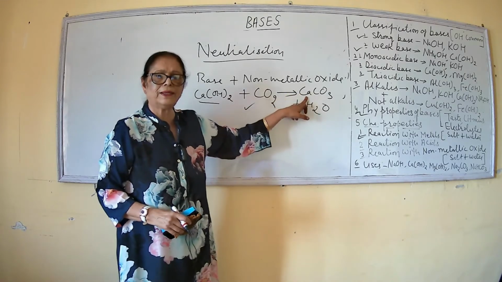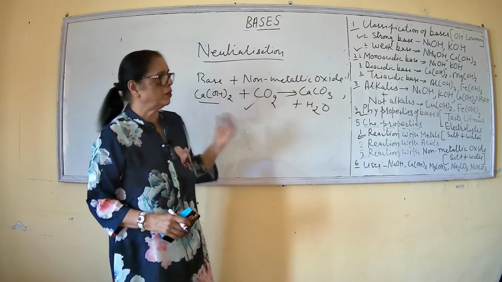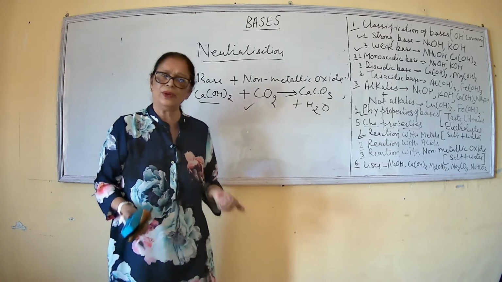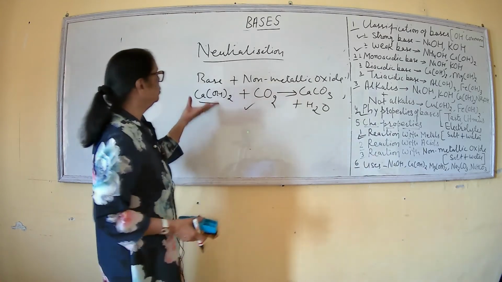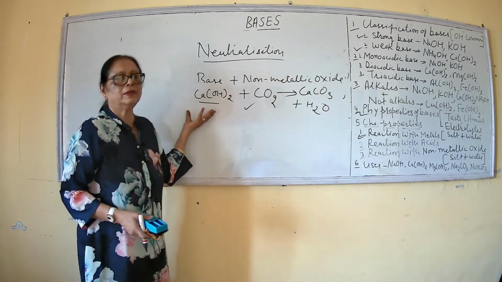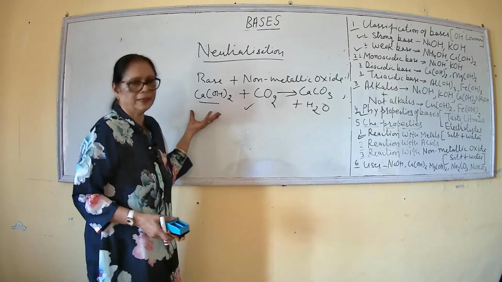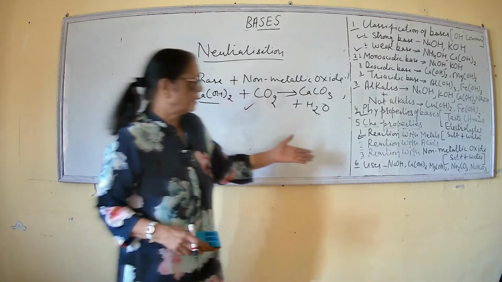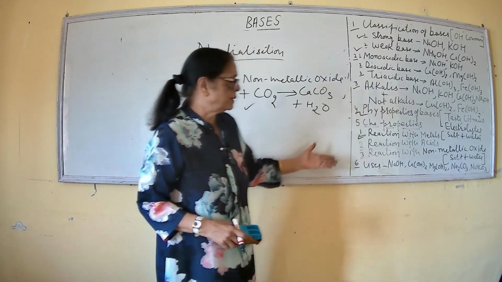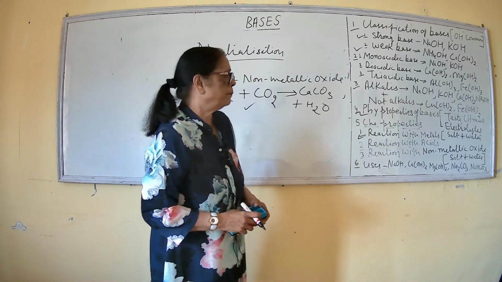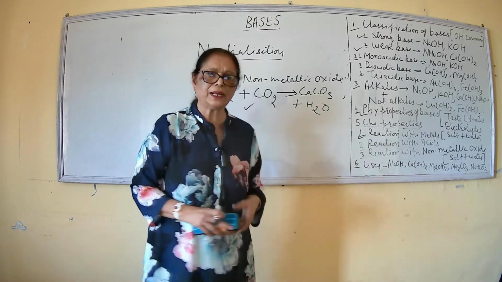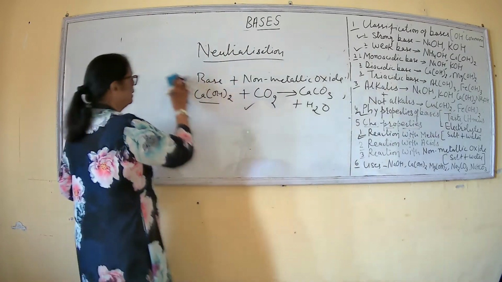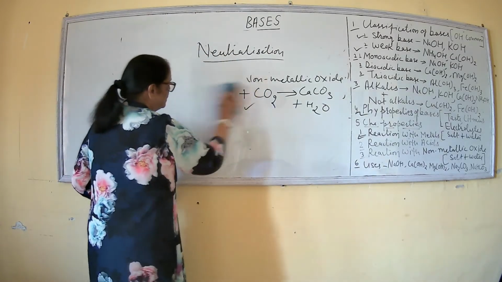Calcium carbonate is a salt, neither acidic nor basic. Water is also a neutral compound, so this reaction is also a sort of neutralization reaction. So this is another example, another reaction that bases react with non-metallic oxides. These are some of the chemical reactions of bases.